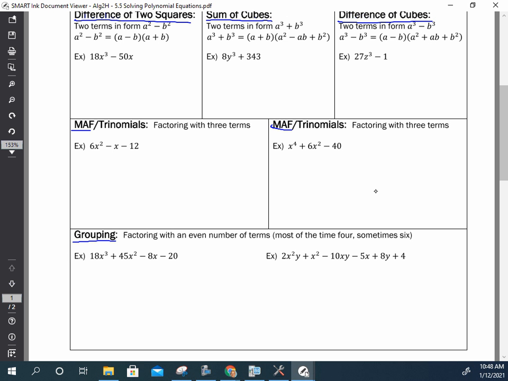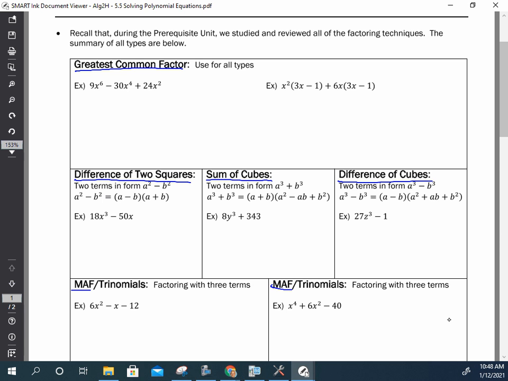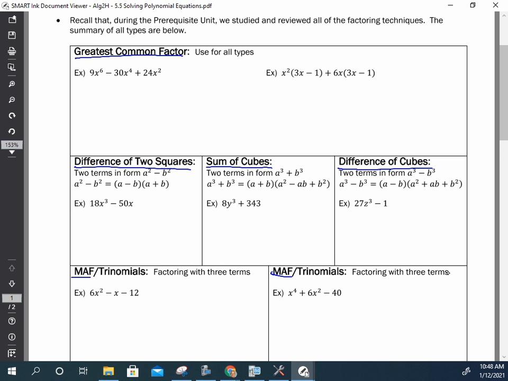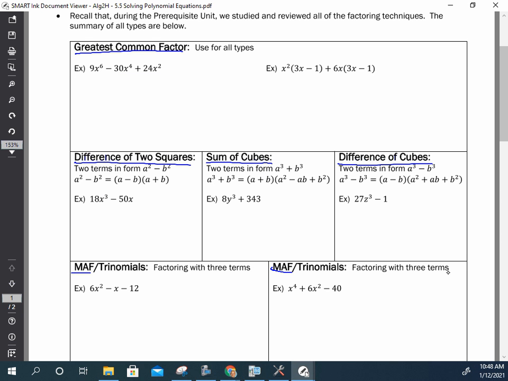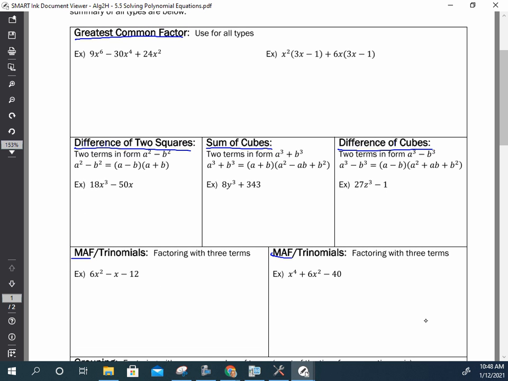We are not about to go through all the 6 types of factoring again, at least not in this setting, because we've already done that once. Rather, what I will do with this first page is, in a separate video, go through each of these types with the examples that are listed there, so that you get a review or a recap of all different types of factoring. We will be factoring a good chunk of the rest of this school year.